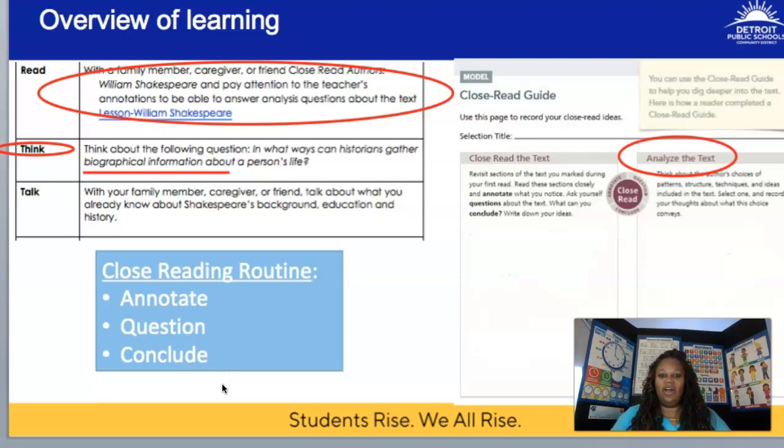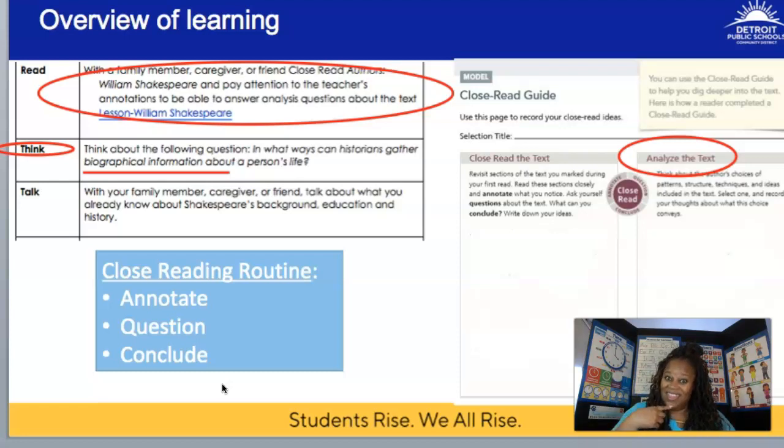A reminder of our close reading routine: 3 steps. We annotate, note-taking, underlining unfamiliar words, placing notes all in the margin so that we can make sense of the text as we're reading. We question: I wonder why the author chose that word.